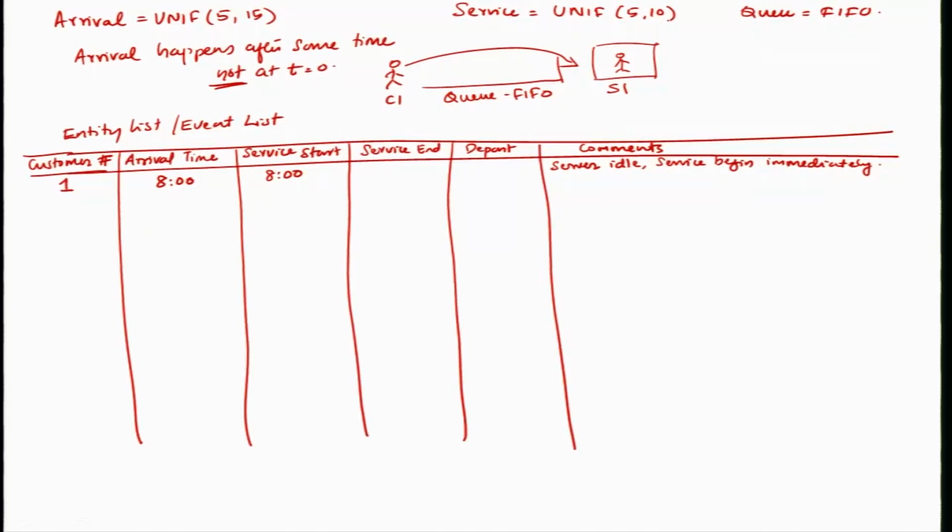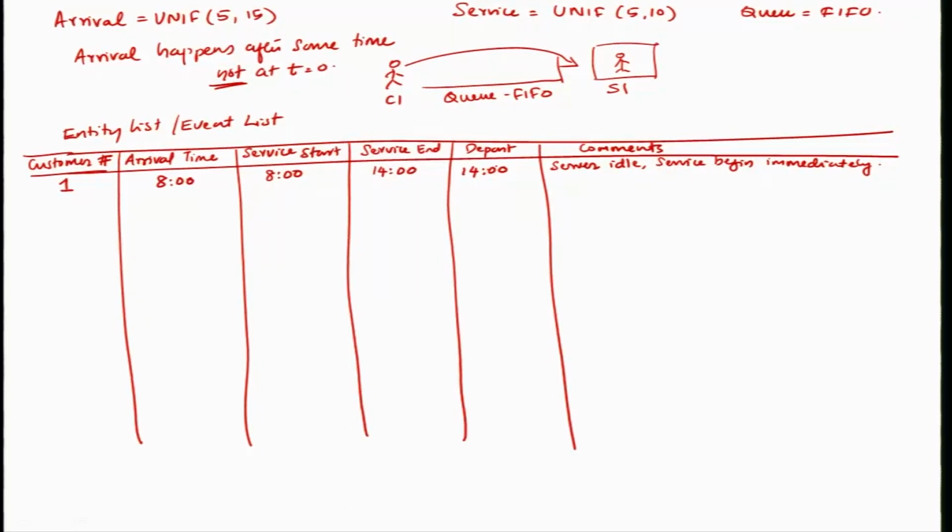So, let us say I take it as 6 time units. So, the service starts at 8, it will take 6 minutes to complete the service. So, it will be over at the 14th minute, and the entity will also depart exactly at 14.